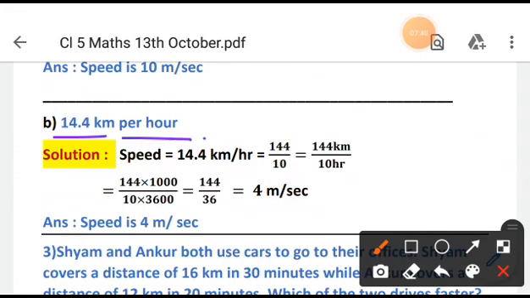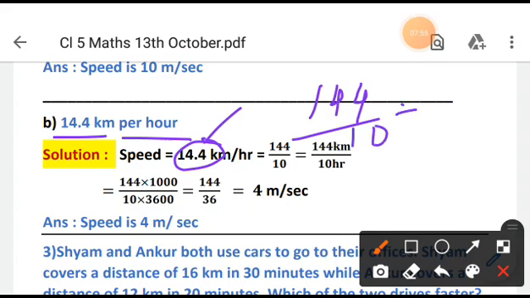So you will write 14.4, which is given in decimal, and you are converting it into a fraction, that is 144 by 10, then that is again divided by 1 hour. Now 1 hour means again you will have to divide by 3600, right? You are converting into seconds, that is why divided by 3600.